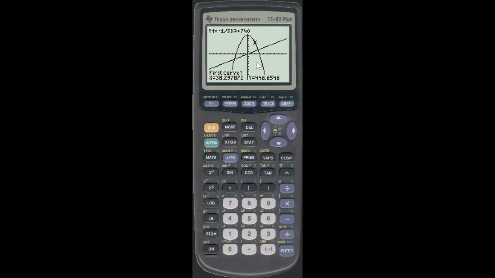Is it 740? We're looking for the X value. The X value.